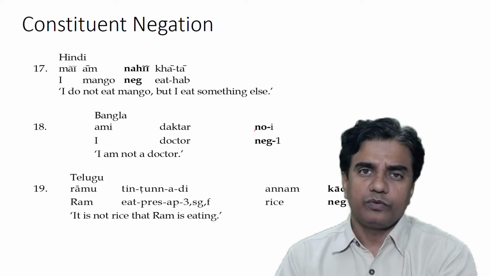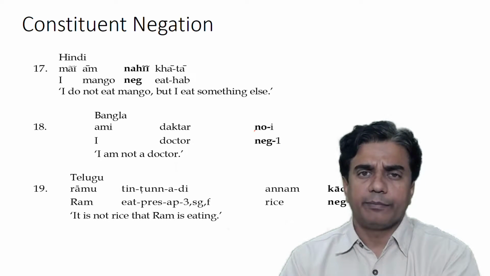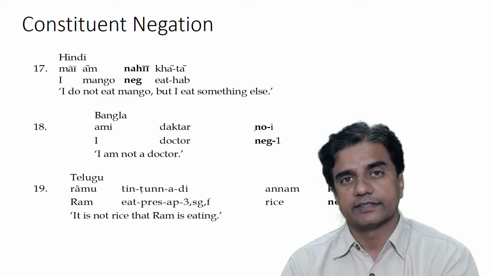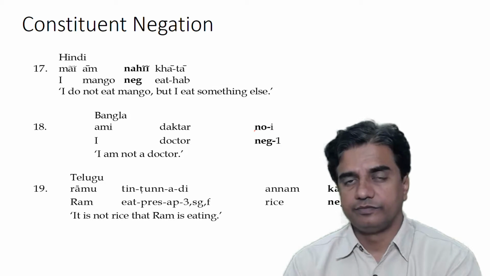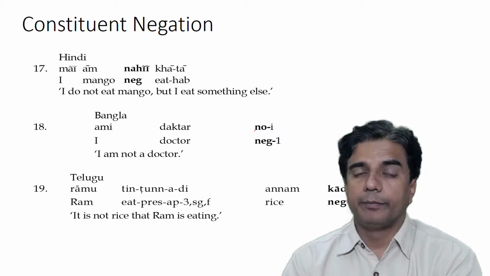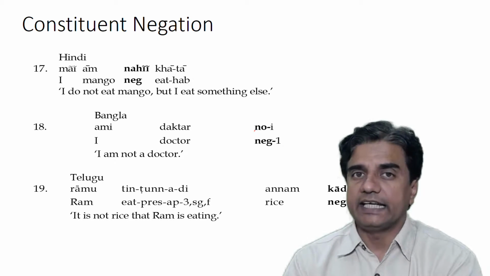We need to understand that negative elements such as mat can only occur in an imperative sentence. Like we can say mat baithiye, mat jaiye, mat dekhiye.